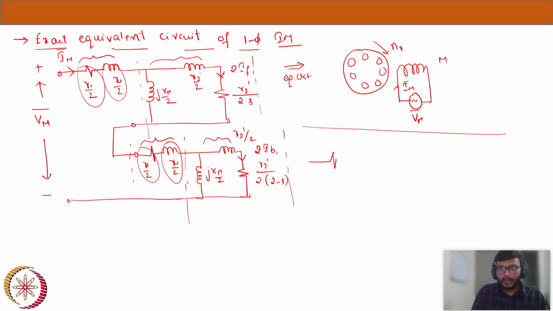R1 by 2 plus R1 by 2 is R1. So this one and this one I have added, and then we have X1 by 2 and X1 by 2 gives X1, and these two I have added. Now I will represent these two parallel branches, the only thing left here.